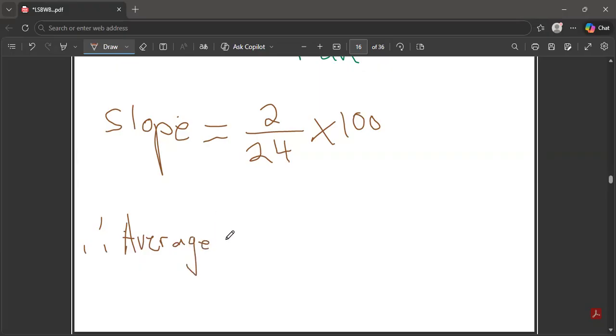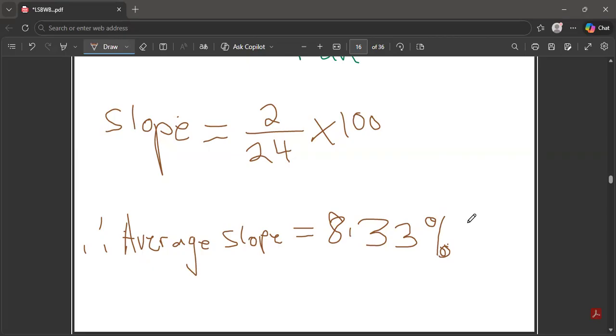Therefore, the average gradient, or the average slope, is equal to 8.83%. So let's proceed.